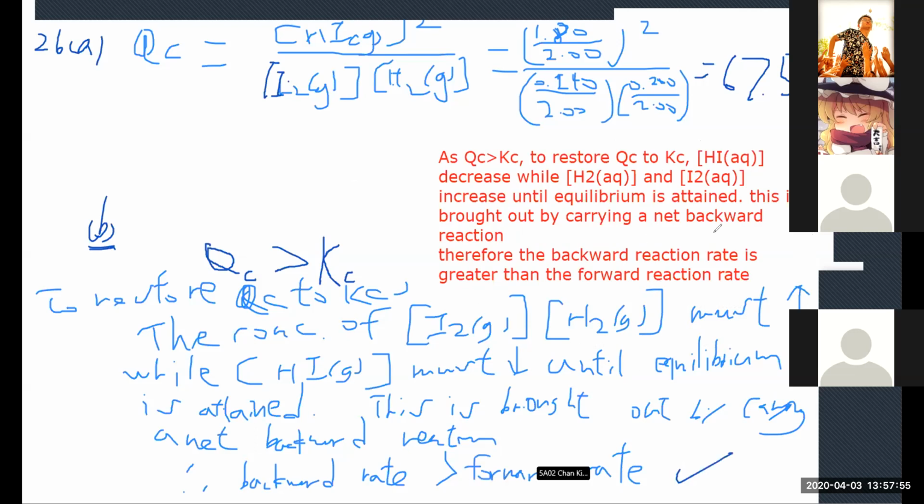Right, forward reaction. Yes, that's right. Correct. You get it?